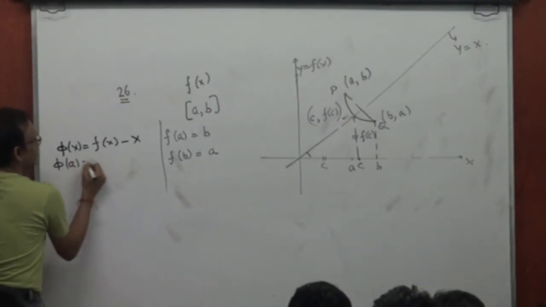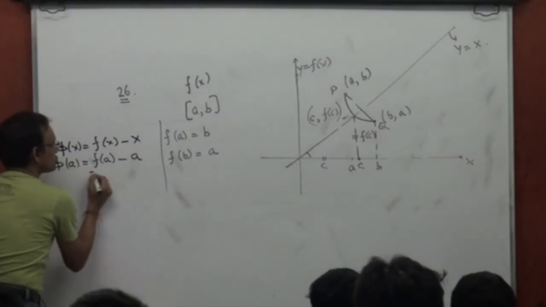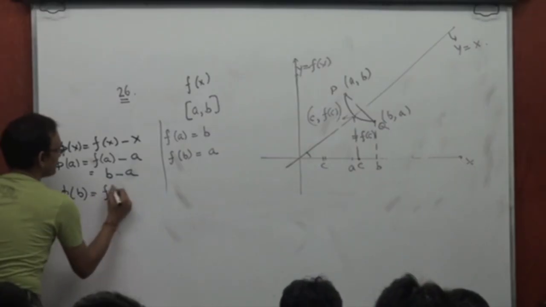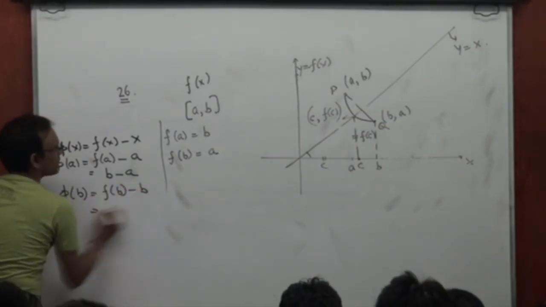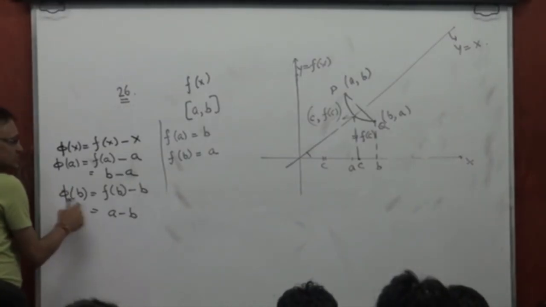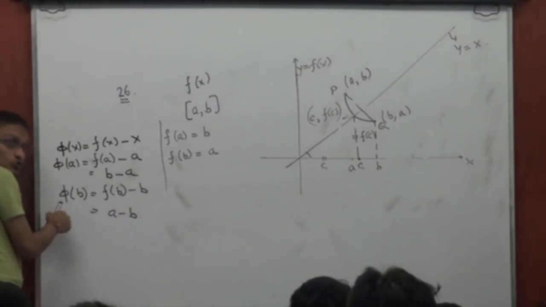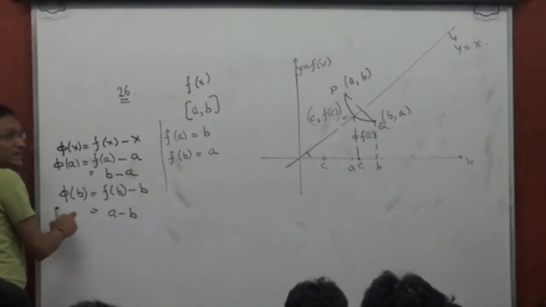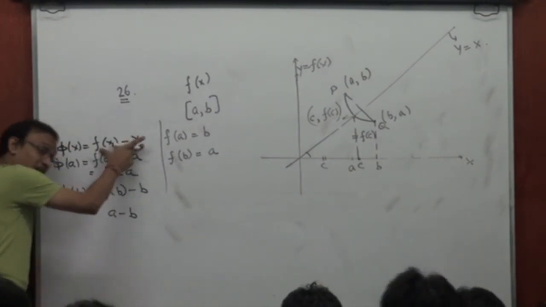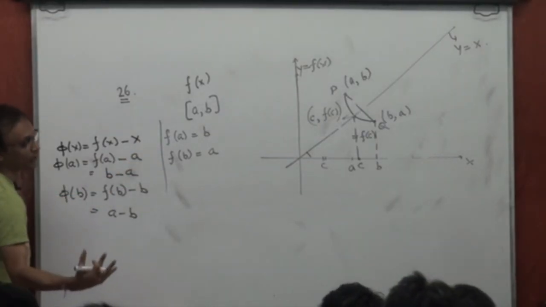So phi(a) would be f(a) minus a, but f(a) is b, so this is b minus a, and phi(b) is going to be f(b) minus b, but f(b) is a, so this is a minus b. So phi changes sign in the interval, from b minus a to a minus b, so phi must have a root in that interval. So phi must become 0 at least once in the interval. That means f(x) minus x must become 0 at least once in the interval a to b. That means f(x) must become equal to x for at least one x in the interval. Clear?